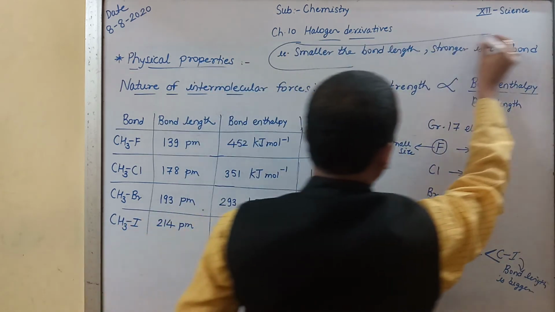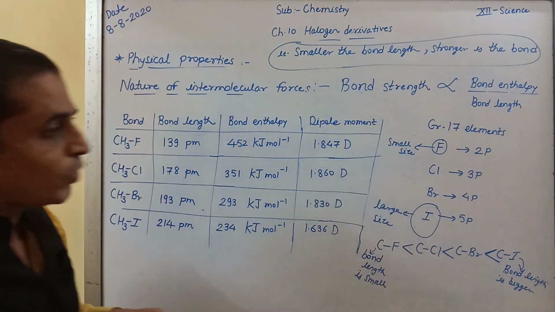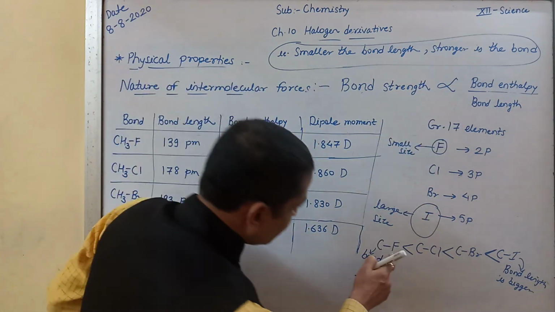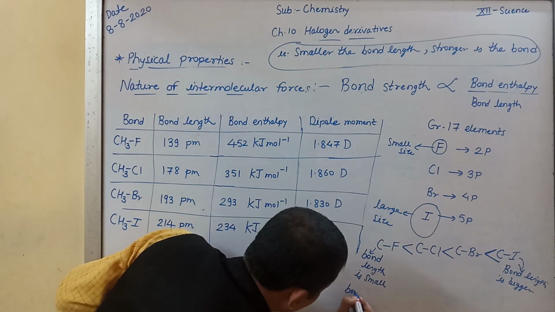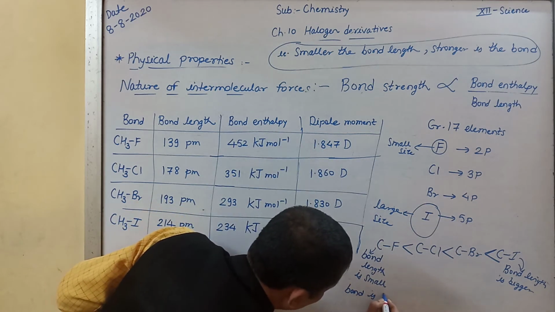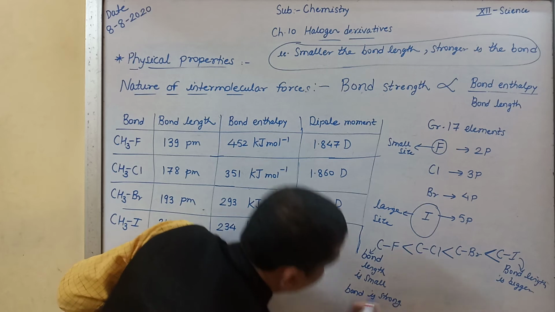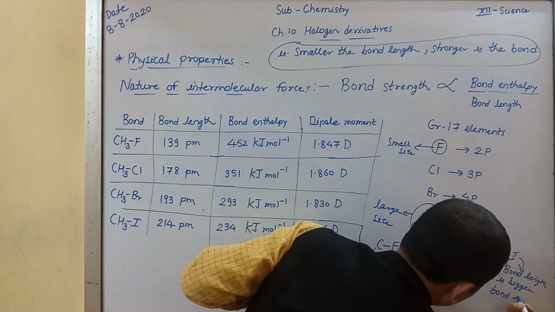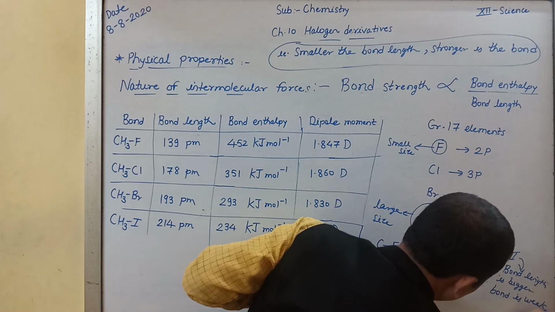This point is very important. Smaller the bond length, stronger is the bond. So for C-F, the bond is strong, and for C-I this bond is weak.